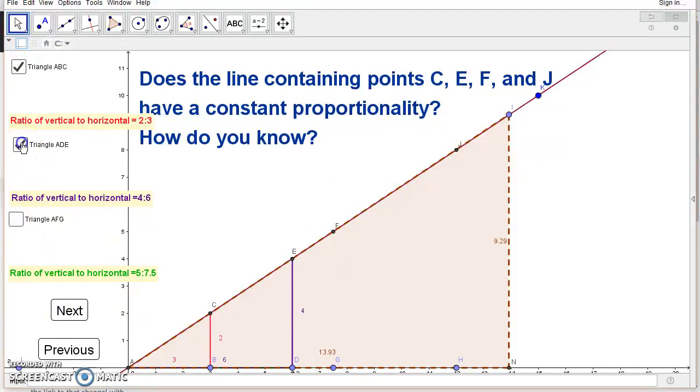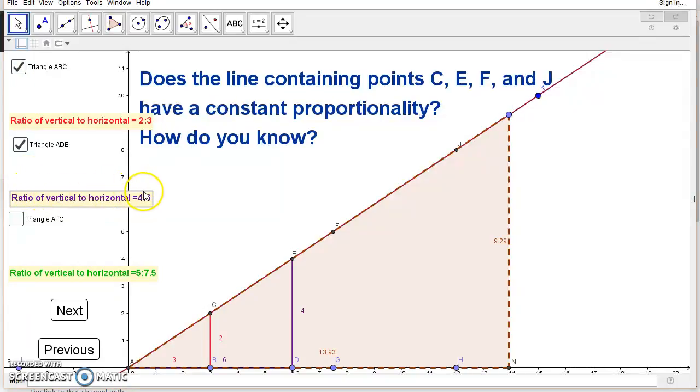Okay, so it asks, does the line containing points C, E, F, and J have a constant proportionality? So does it have a constant proportion, a constant ratio that we get every time? When we had triangle ABC, it was 2/3. Do you remember how much it was when we did triangle ADE?